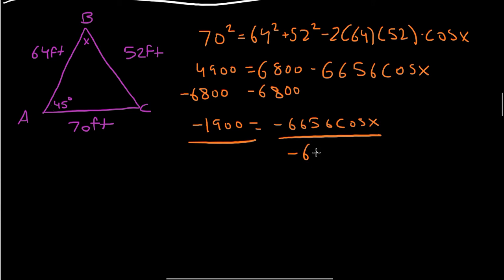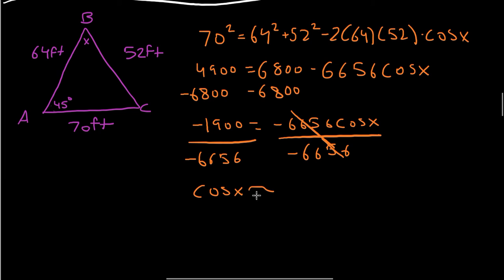You divide by negative 6,656 on each side in order to be left with merely the cosine of x, because these two cancel out.